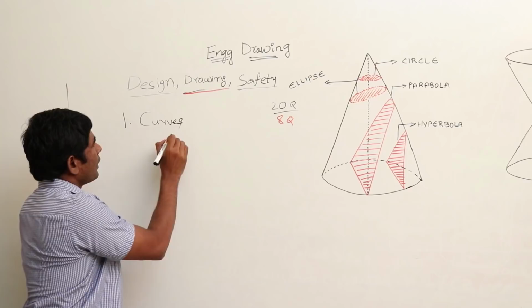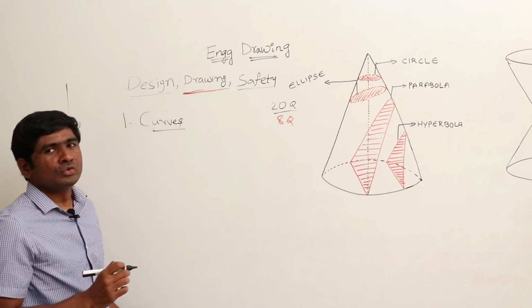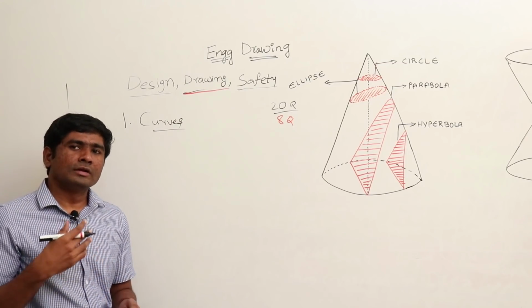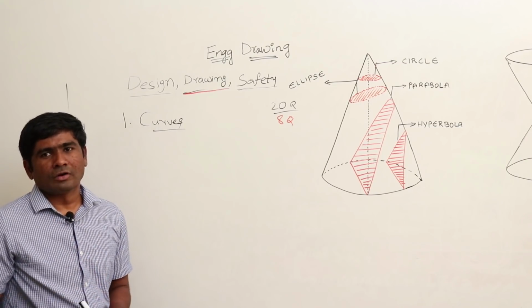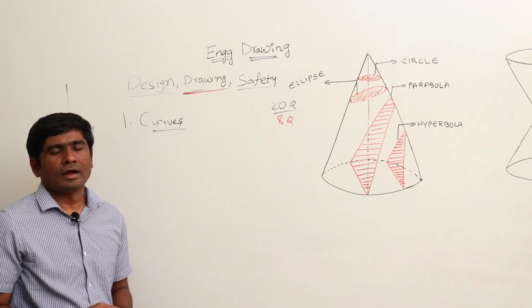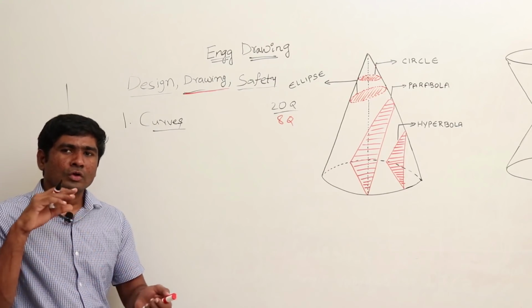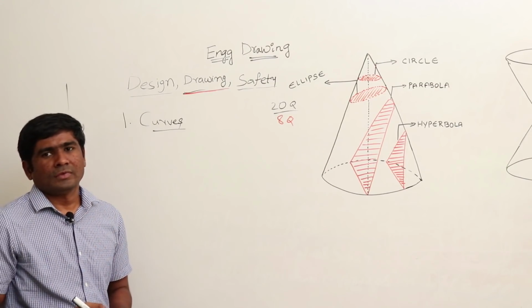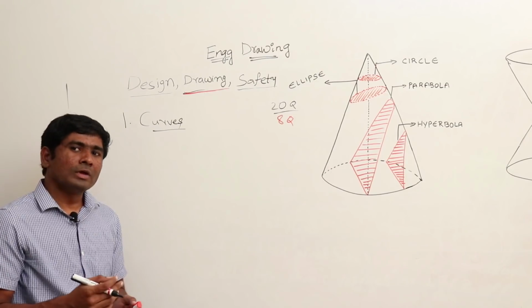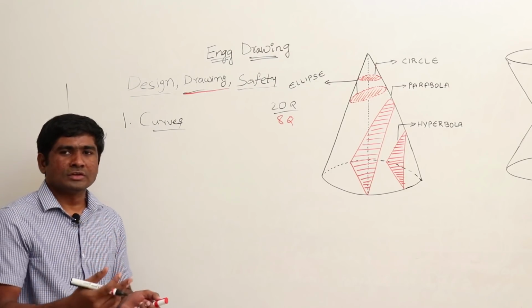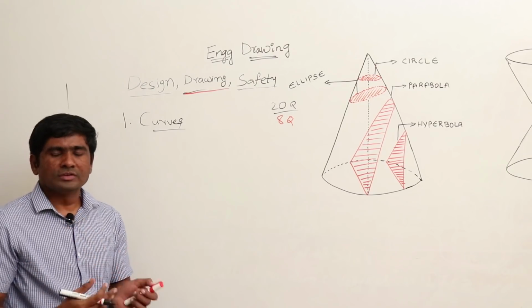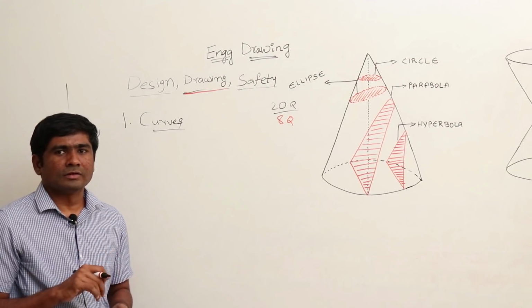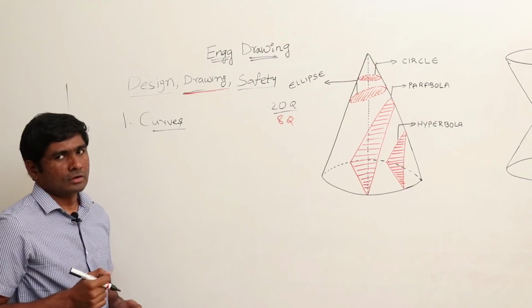Under this topic, I would like to deal with many engineering curves that we use in our daily applications, and see how to utilize those curves in different applications. We will also look into the previous questions, along with the possible questions that can be asked this year based on engineering curves.